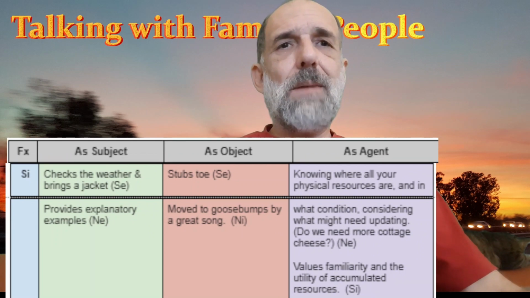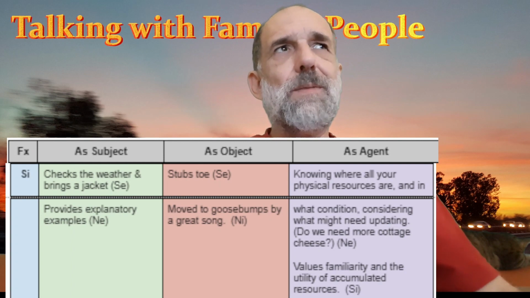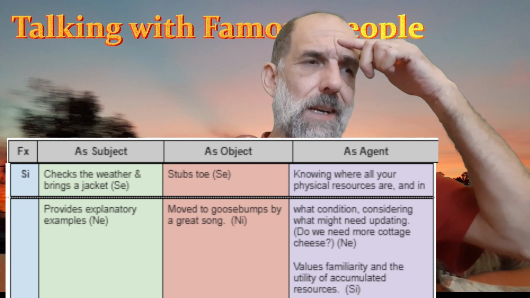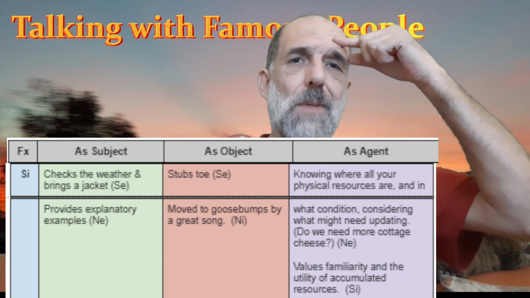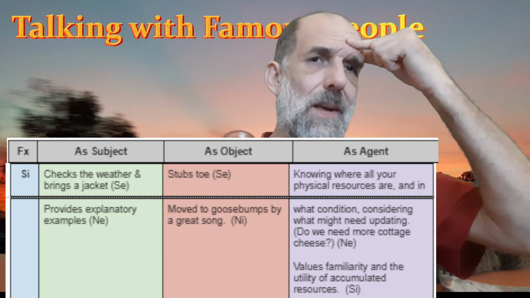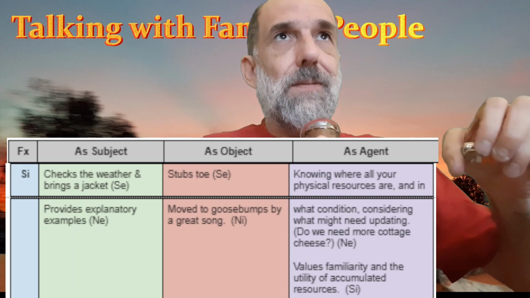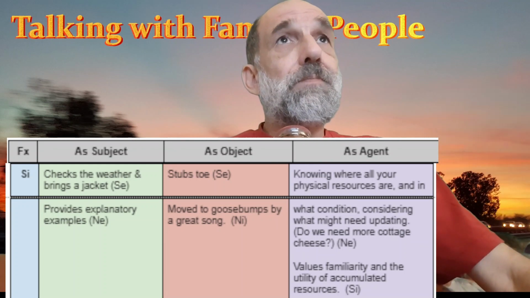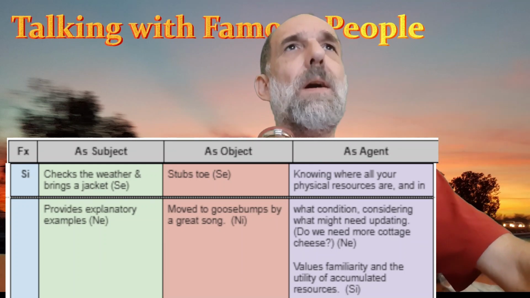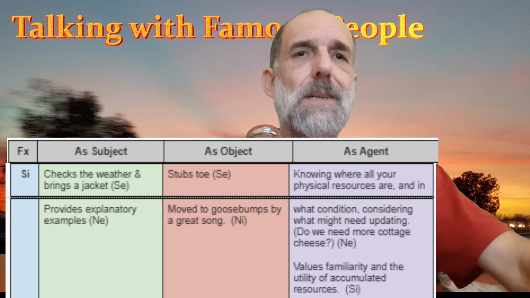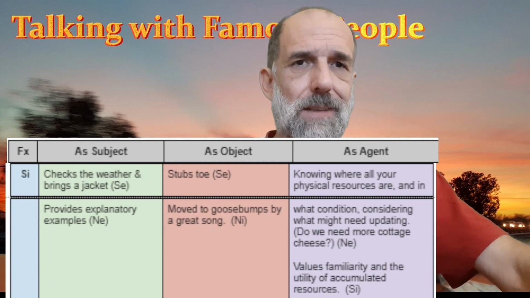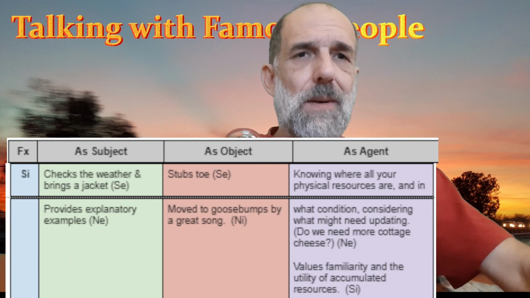The stubbing the toe would suggest that your SE is, you're not attending as much to your sensory environment and things like avoiding stubbing your toe as somebody who has the sensory function higher in the stack. If you are moved to goosebumps by a great song, that is SI and NI getting together. NI is knowing the greatness of it.